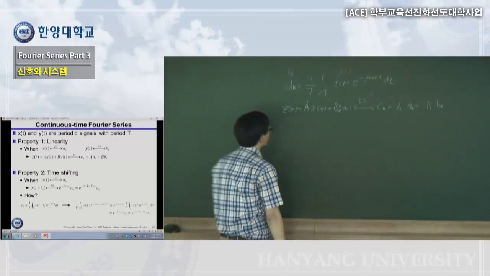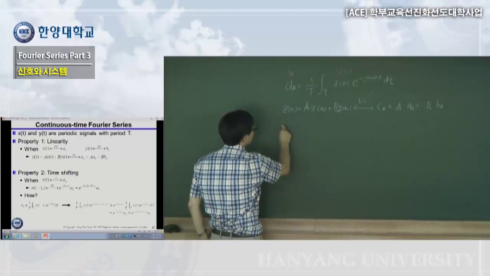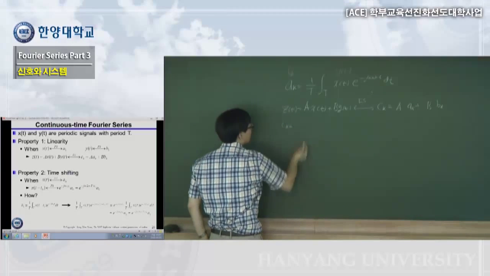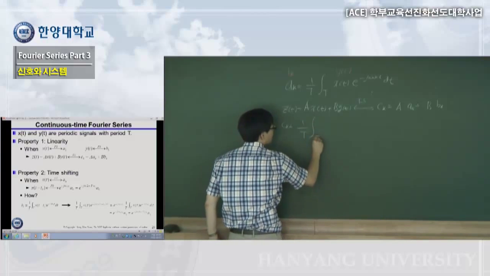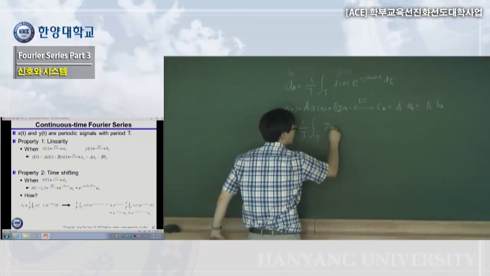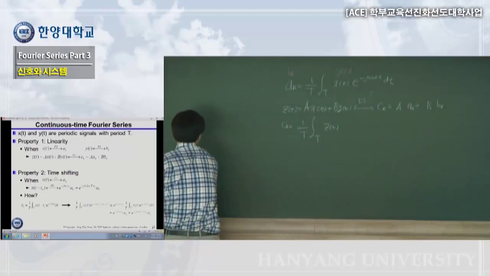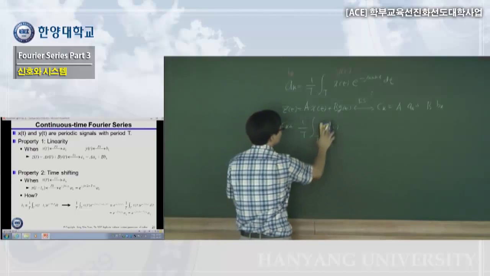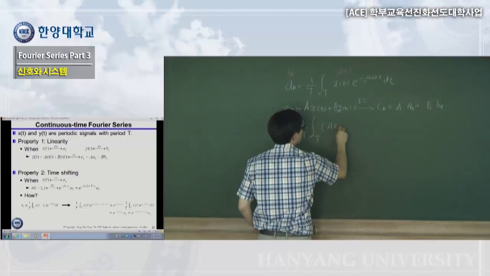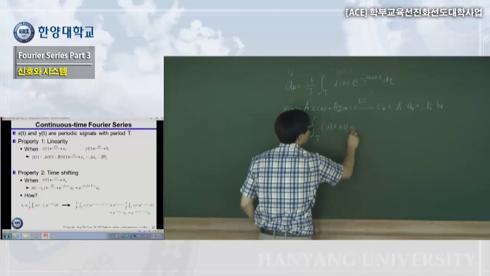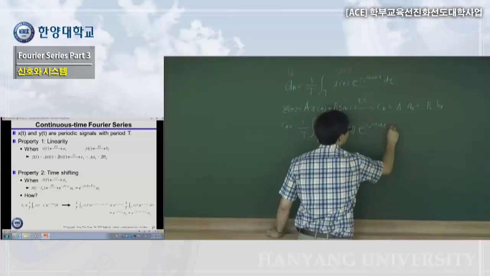The derivation is pretty straightforward. You try to find ck. How to do it? Well, you put the signal in here, which is A x(t) plus B y(t), times exponential minus j omega 0 kt dt.